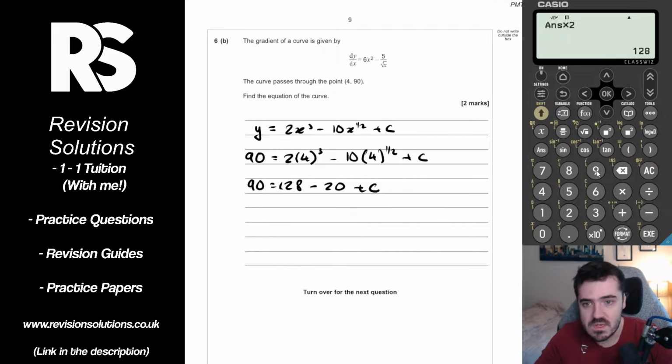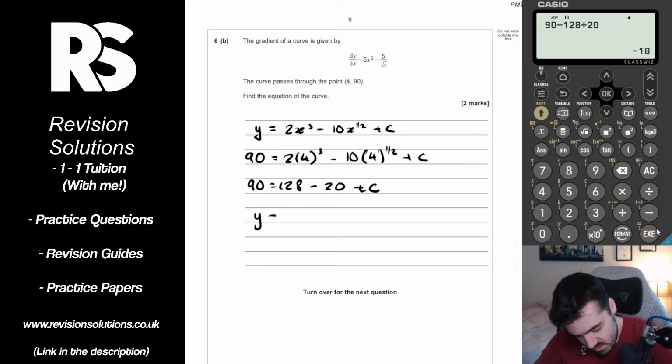So then for c, we'd have 90 minus the 128, but plus the 20. That gives us minus 18. So y is 2x cubed minus 10x to the half minus 18.